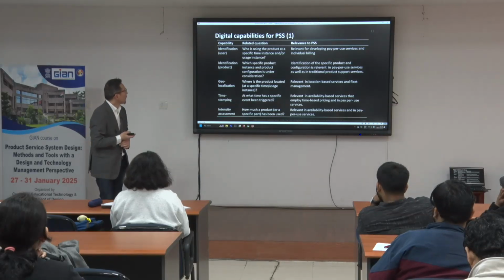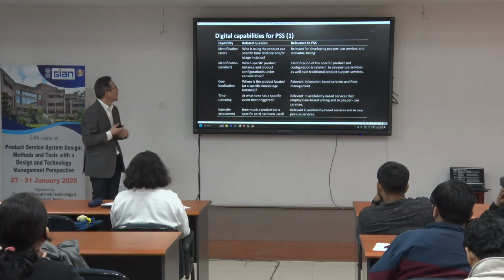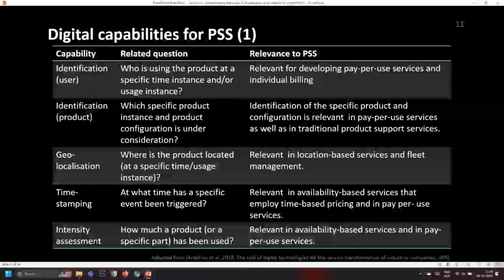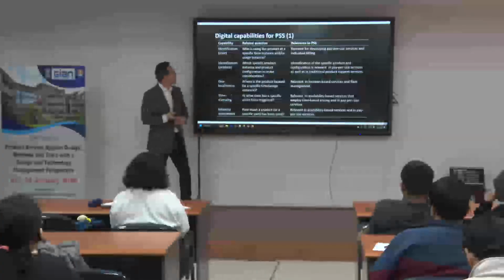Okay, then another big table is about digital capabilities, especially in the PSS context. You can maybe focus on the second, middle column.